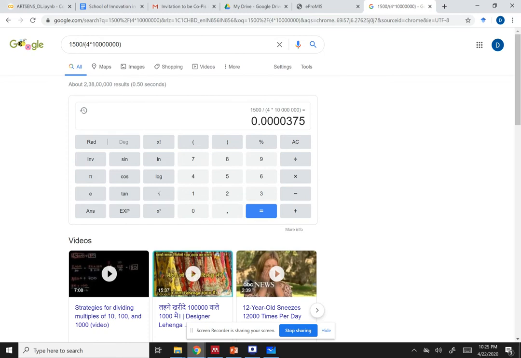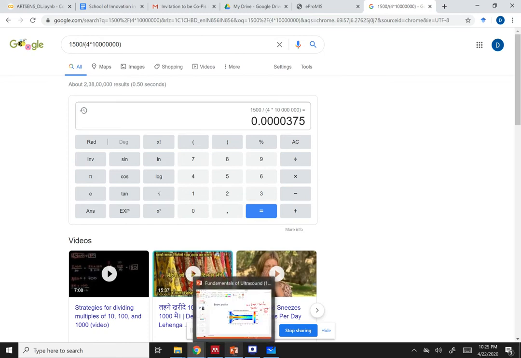So this is your lambda actually, okay? Lambda is 3.75 into 10 to the power minus 6, sorry, minus 5.